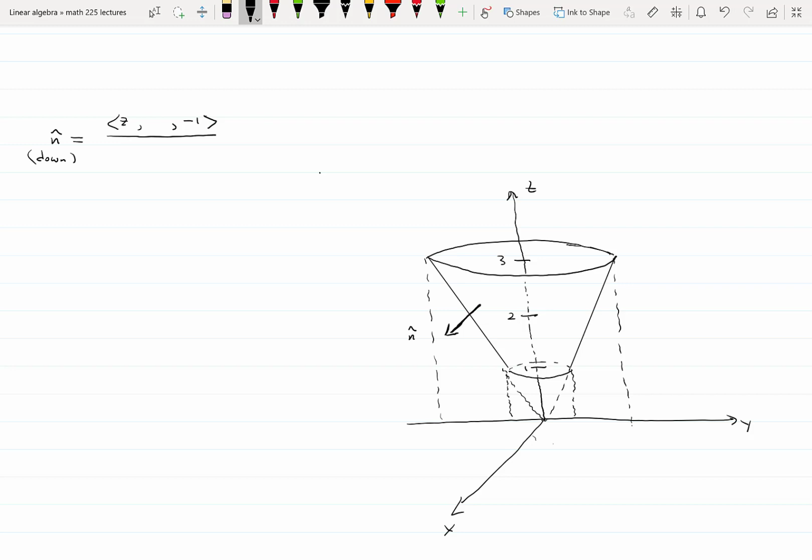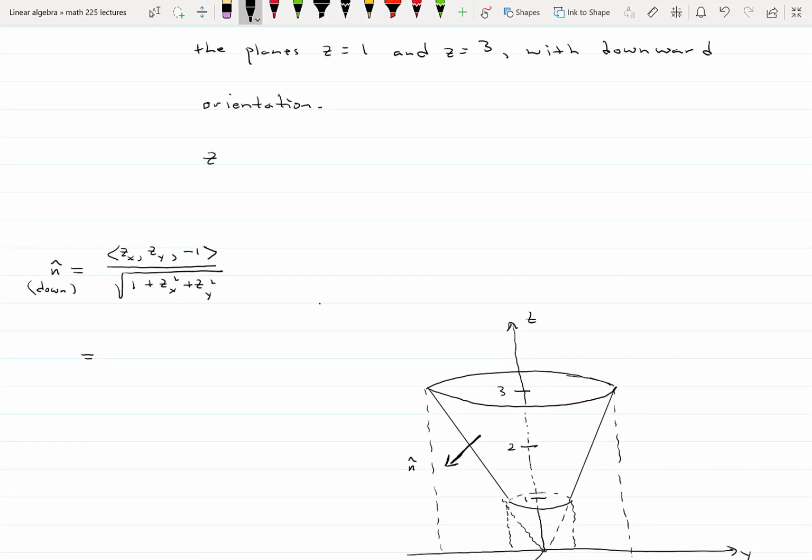And that means that the other two components will have positive coefficients, z_x, z_y, over the length of the same vector, over the square root of 1 plus z_x squared plus z_y squared. Okay, so let's find that normal.